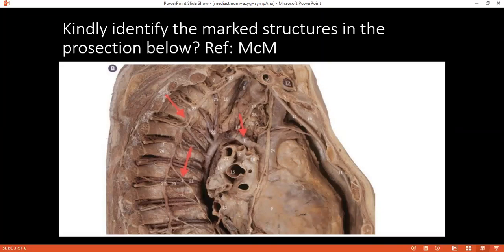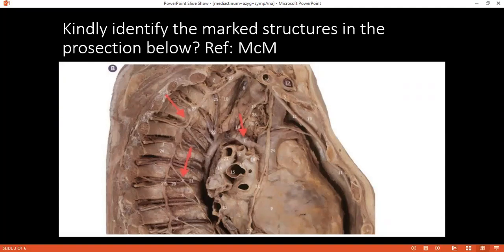They arise from how many cusps of the aortic valve, and from which ones do they arise? There are three cusps, and they arise from the corresponding sinuses.